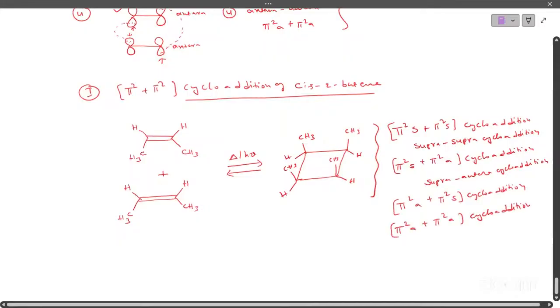These 4 stereochemical modes are shown by this reaction. This is antara cycloaddition, and this is antara-supra.